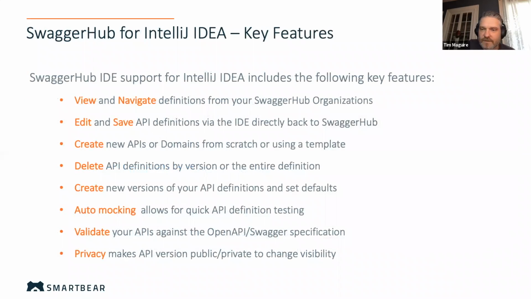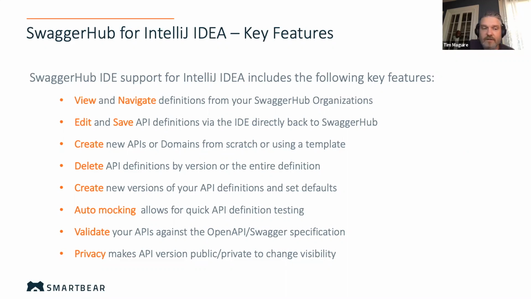Now, getting into specifics, what are the key features? The key features are really everything that you would want from a basic API design workflow: viewing your API definitions from your SwaggerHub organizations, editing them, saving them, creating new definitions, deleting definitions, and versioning definitions. As I mentioned earlier, auto mocking for quick API testing can be done right inside the IDE.